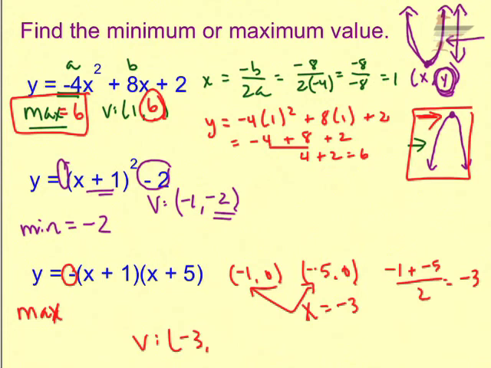So now we just need the y value. We're going to plug in negative 3 for x. y equals negative, parenthesis, negative 3 plus 1, times negative 3 plus 5. So negative 3 plus 1 is negative 2, and then negative 3 plus 5 is positive 2.